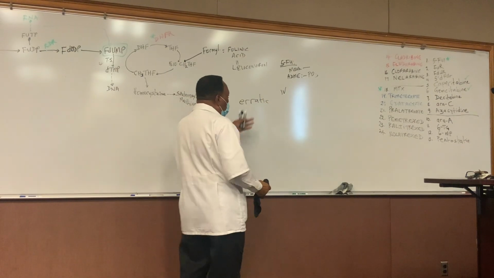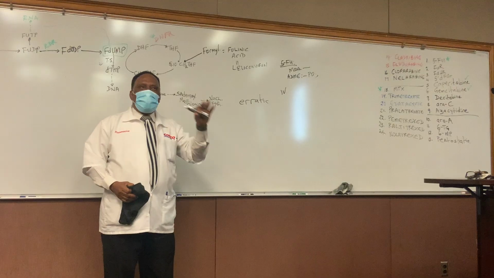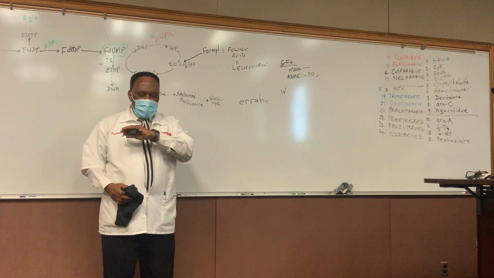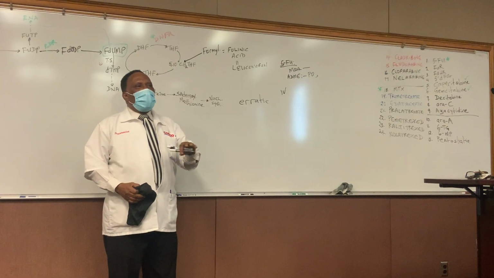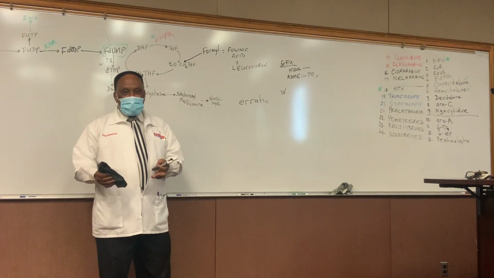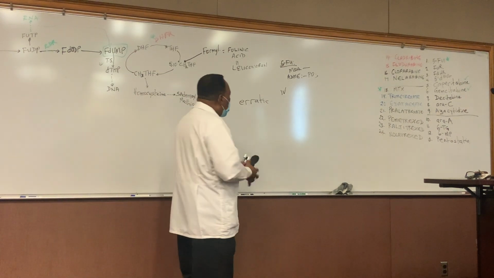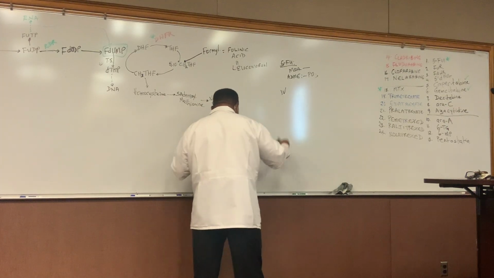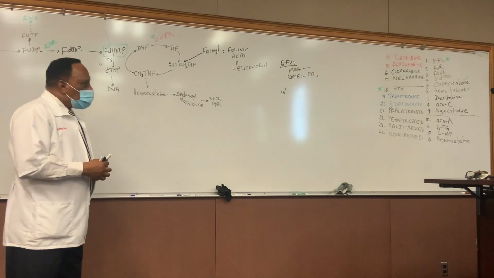Okay, because 5-FU can be used by itself in certain conditions. For instance, in bladder cancer, and also in ovarian cancer, it can be used by itself as a single agent. But most of the time it is administered in combination with other drugs.